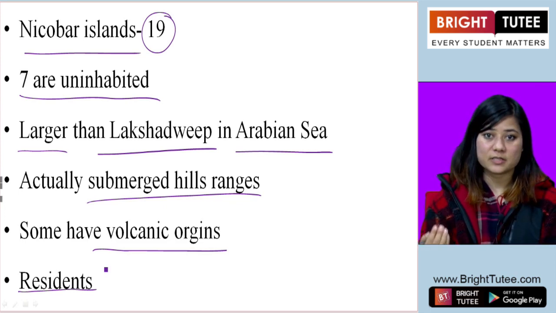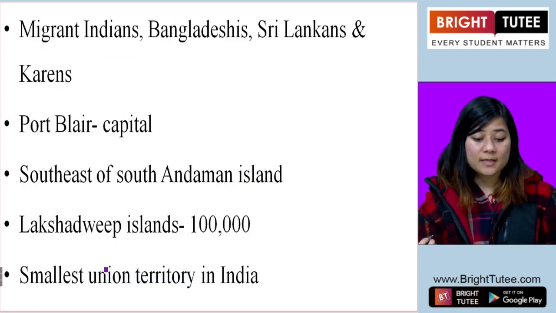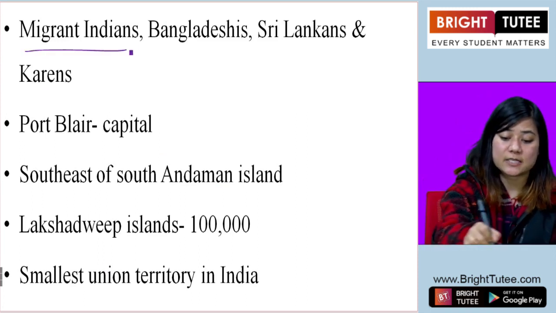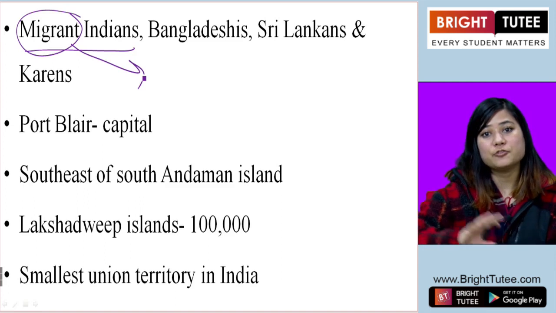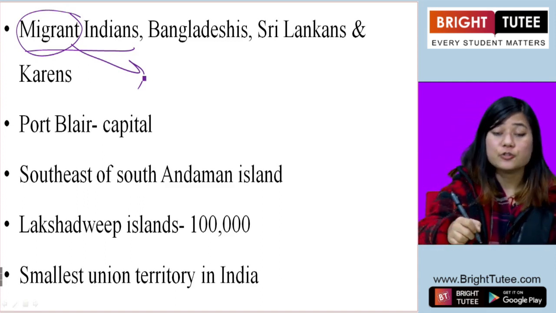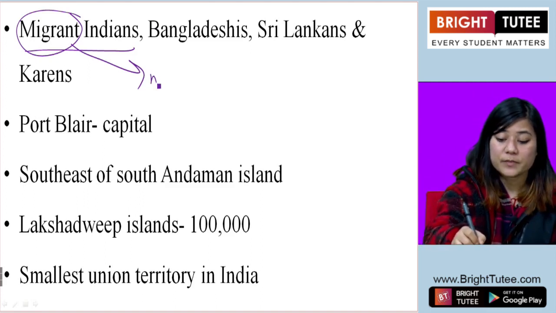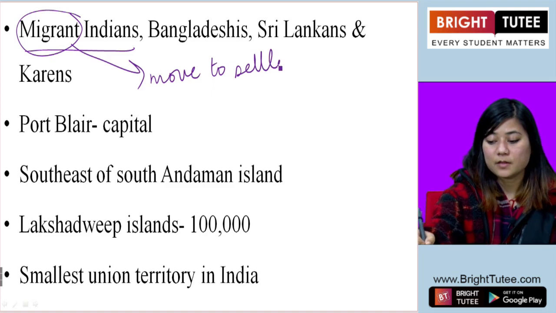Who inhabits the Andaman and Nicobar Islands? They are migrant Indians. Migrant means people who move from one country to another, from one place to another place to live there. Okay, so they move to settle, to live.